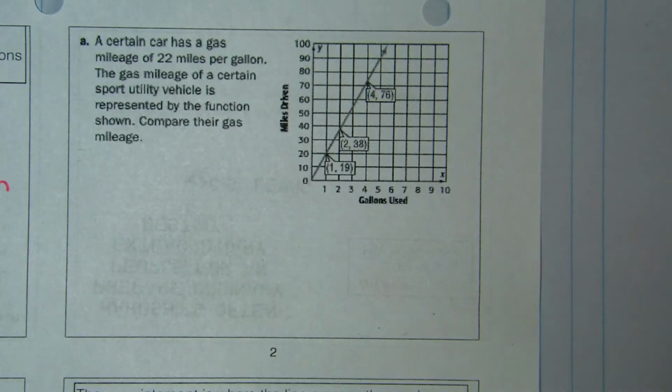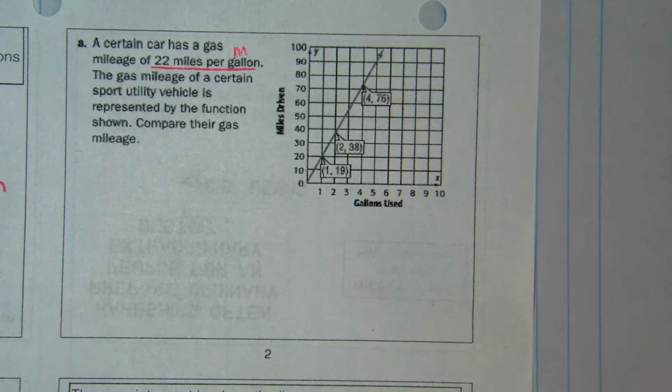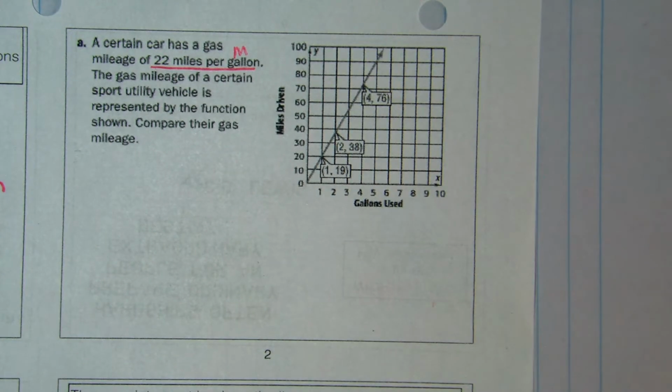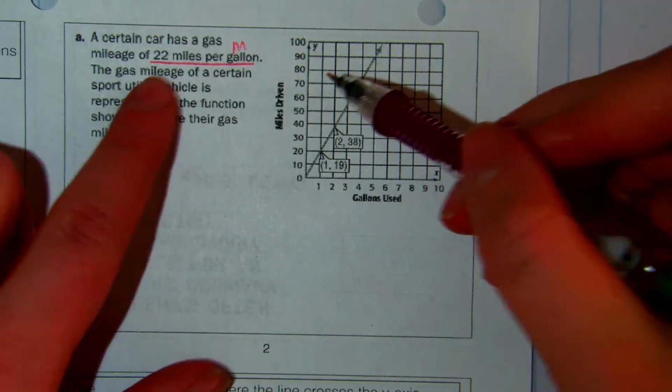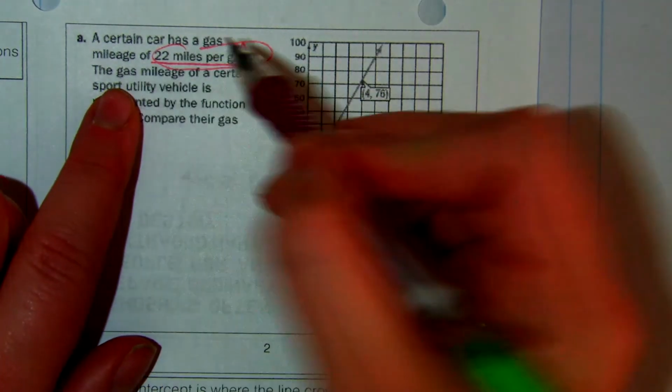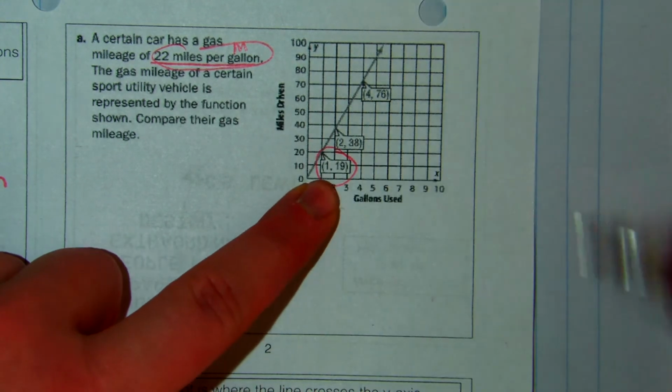A certain car has a gas mileage of 22 miles per gallon. There's our m, our slope, our constant rate of change. The gas mileage of a certain sports utility vehicle is represented by the function shown in the graph. Compare their gas mileage. Well, if this one's 22 miles per gallon, that's its slope. This one's what per gallon? 19.